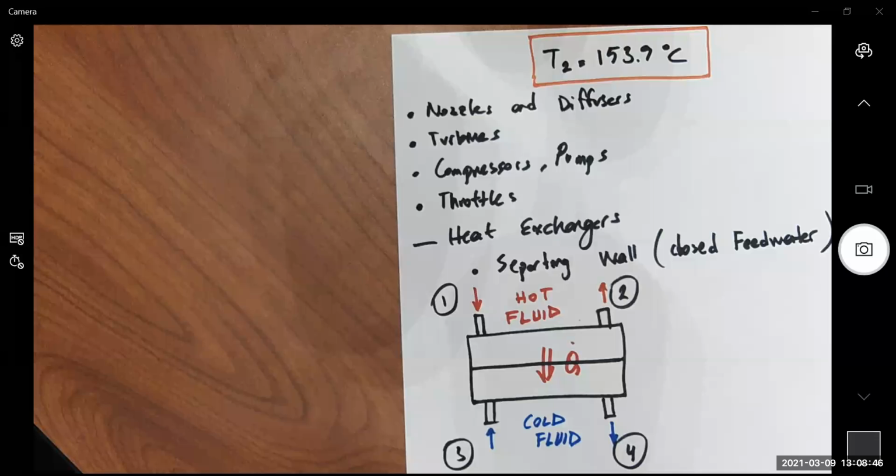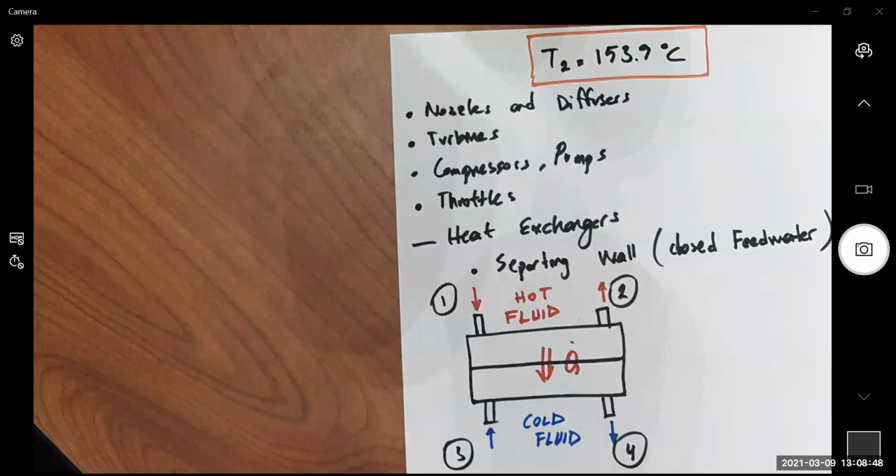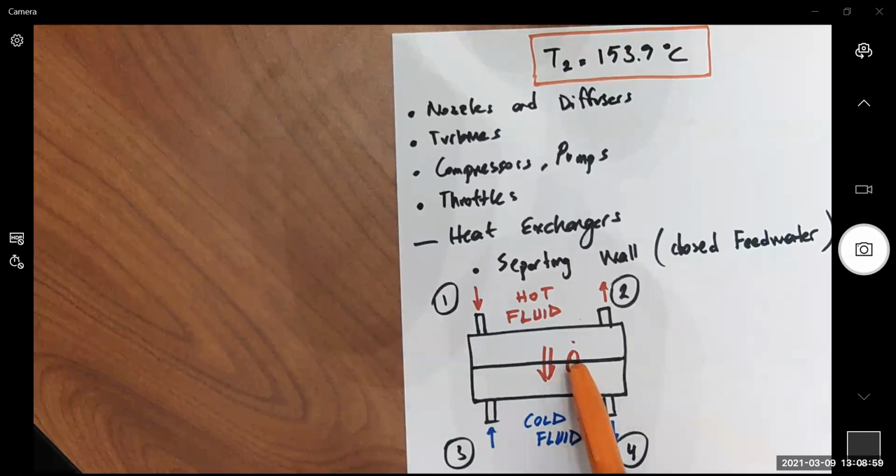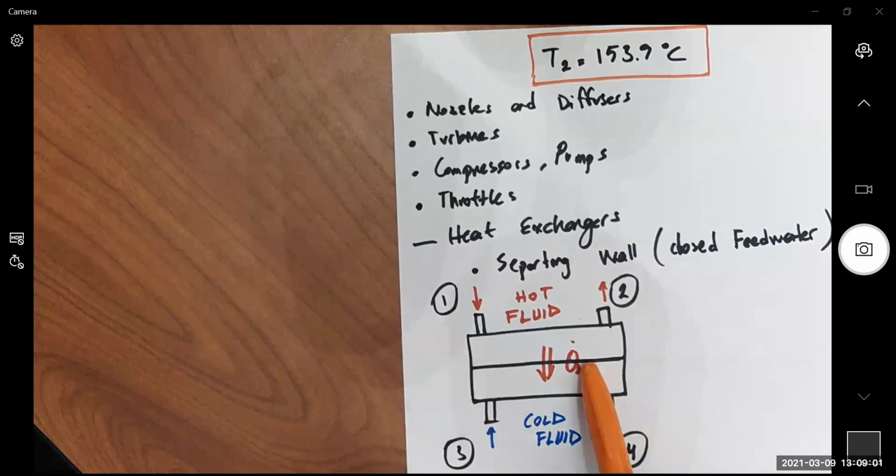So if you choose boundaries covering this whole system, Q is either given or you should somehow know it, because it doesn't leave your boundaries.